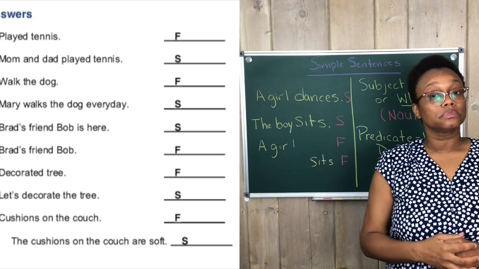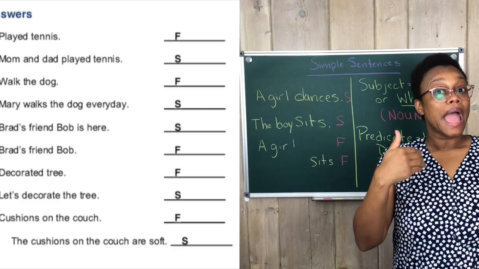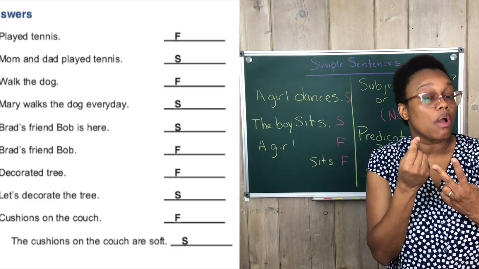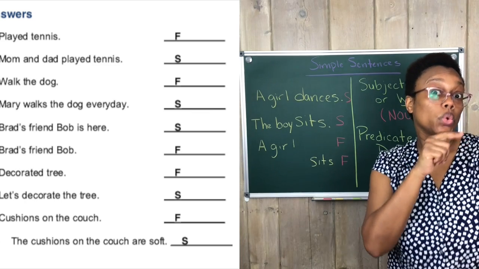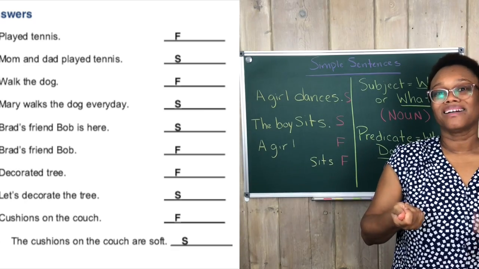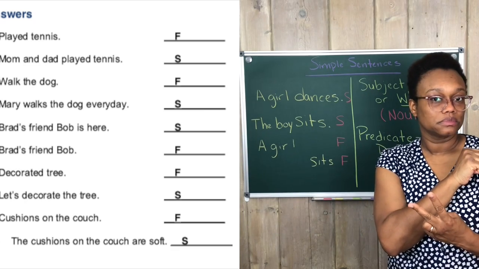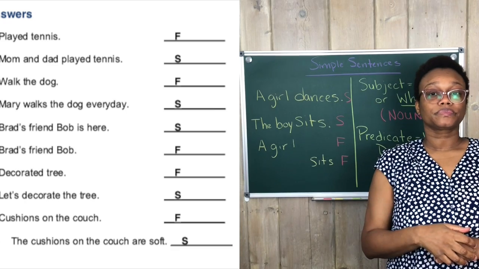Is that a sentence? No, it is not a sentence. It has the what do, walking the dog, but who's walking the dog? It's missing that subject. So it is not a sentence, you write F.